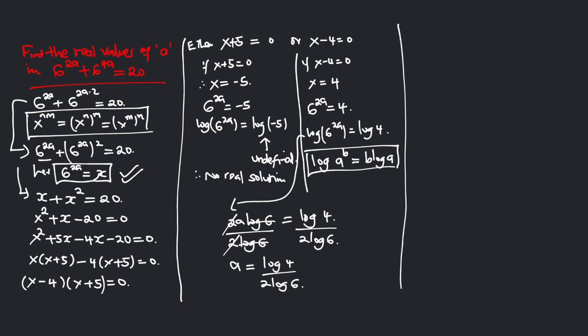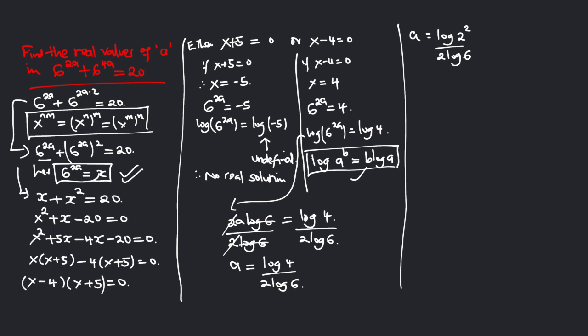We'll say a is equal to log of 4. Let's choose to write it as log of 2 squared. Of course, 2 squared will give us 4, and that is divided by 2 log of 6. And we've already seen that if you have log a power b, then that can be written as b log a.